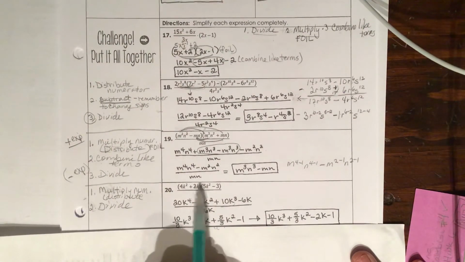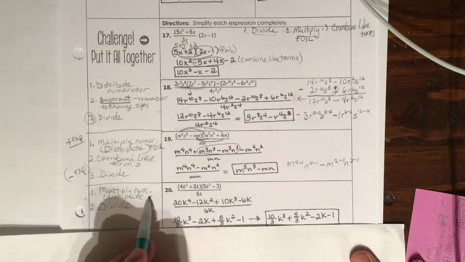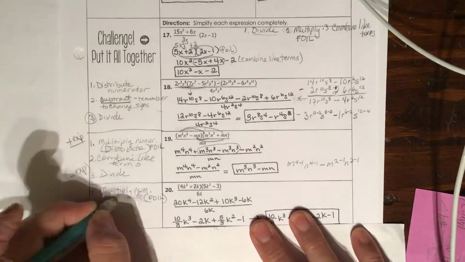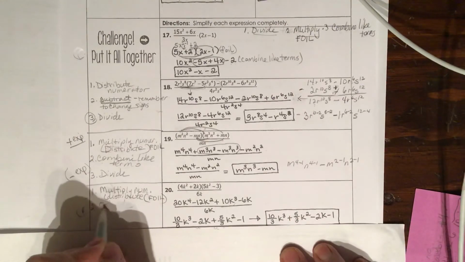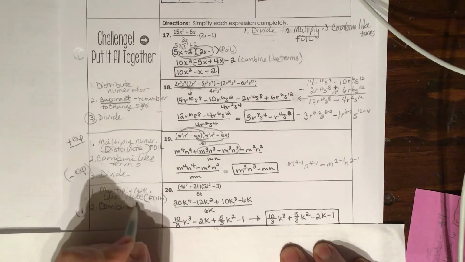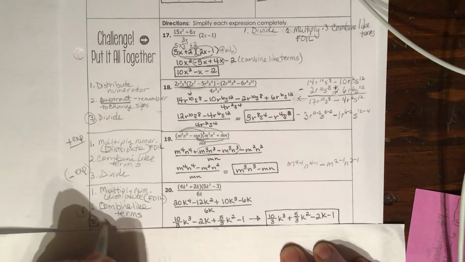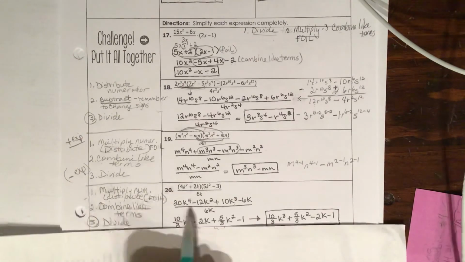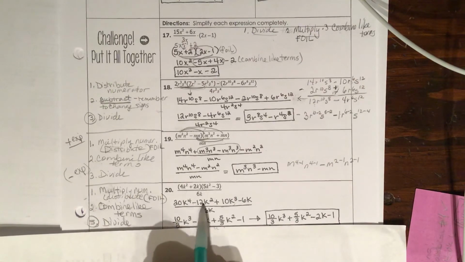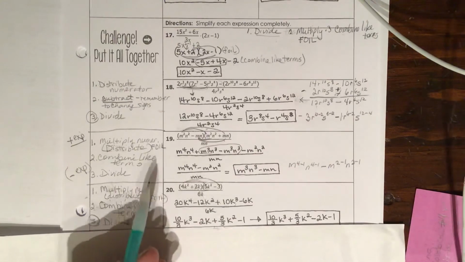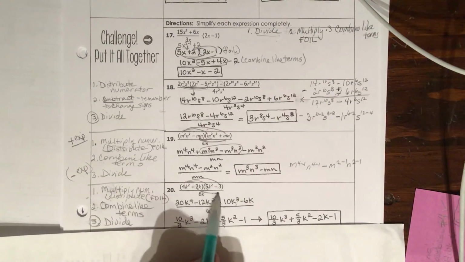This one, you're going to multiply first using the FOIL method, okay? And then you'll divide. But before you divide, you need to combine like terms. So really, you would combine like terms, and then you would divide. So you get 20k minus 12k squared plus, because you're going to go outer, inner, then the first and last.